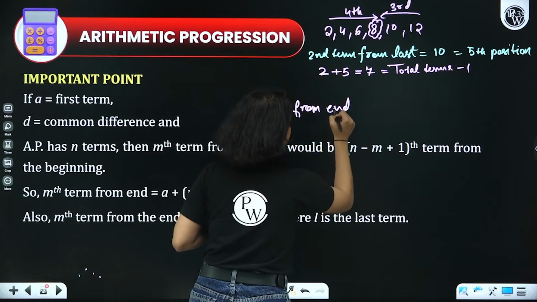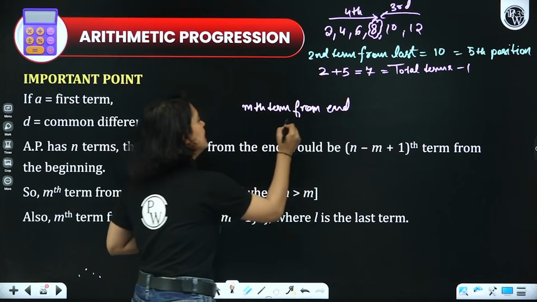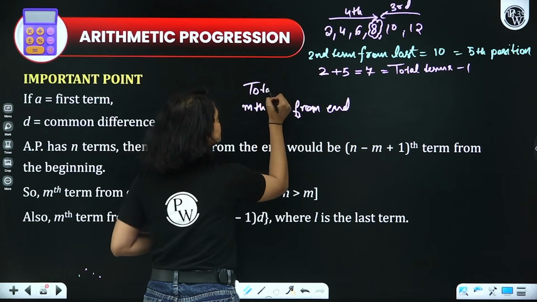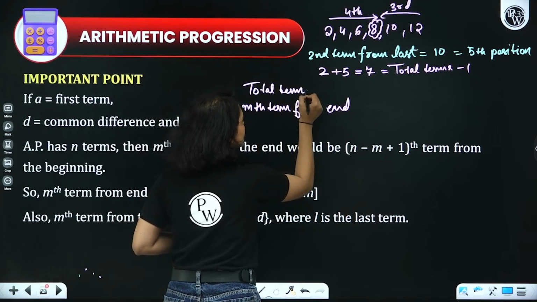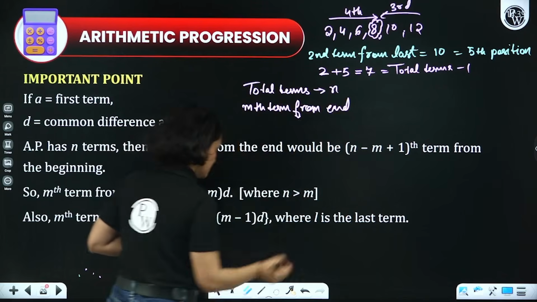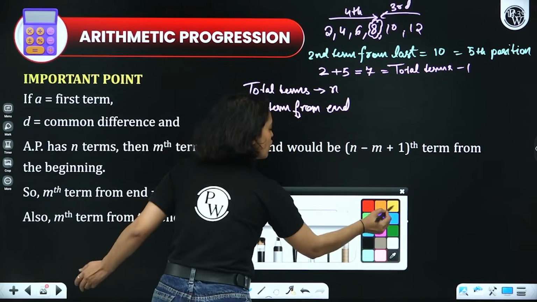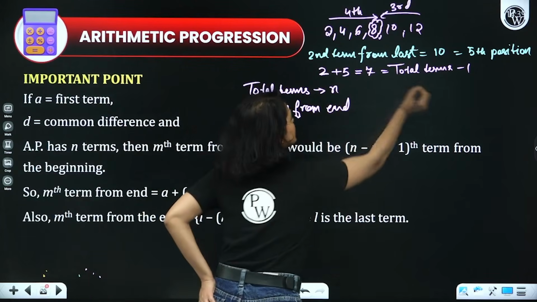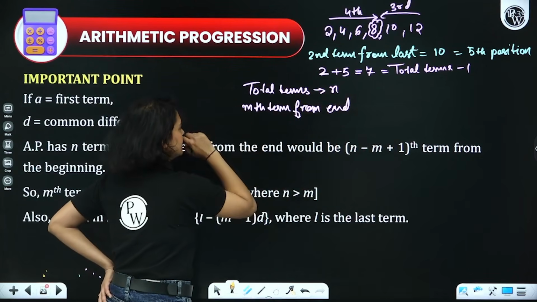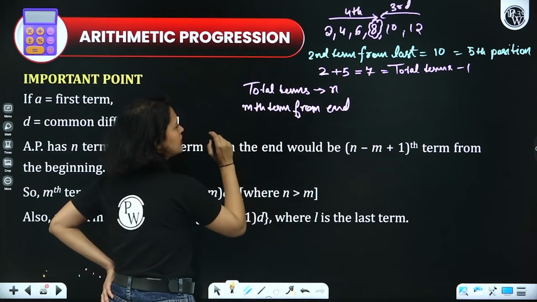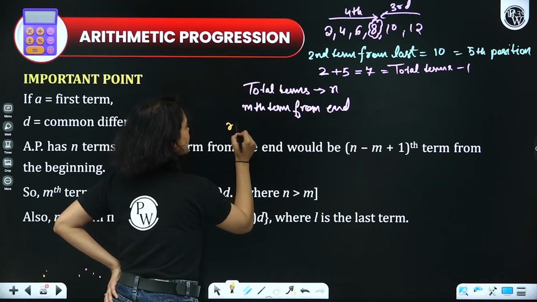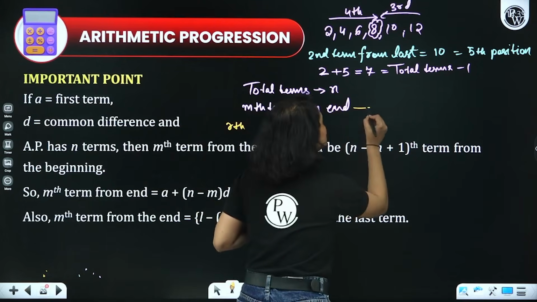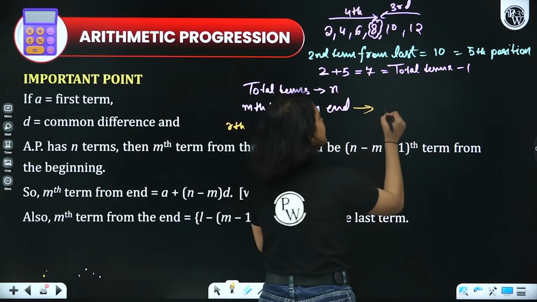Wait, तो अब देखो, let total terms in a sequence be n. If total terms in a sequence is n, and we are talking about the mth term from the end, then notice this thing that I wrote here. Let's say we are talking about the rth term from the beginning, which is the mth term from the end. Its position from the beginning is r.